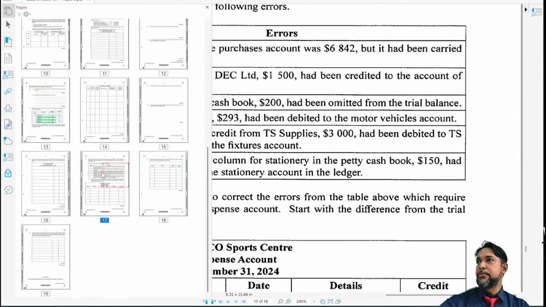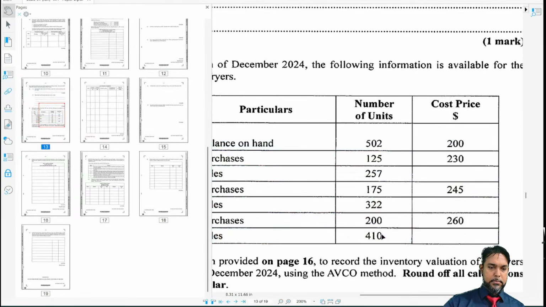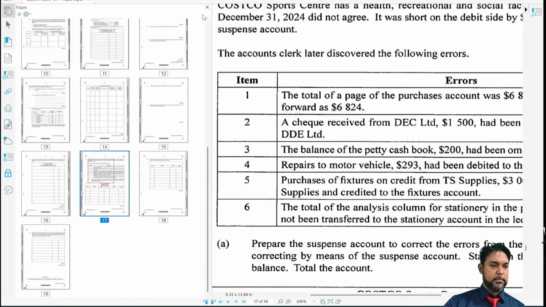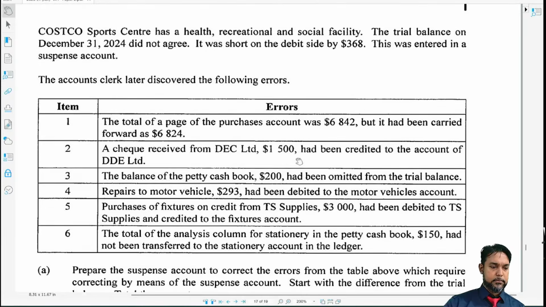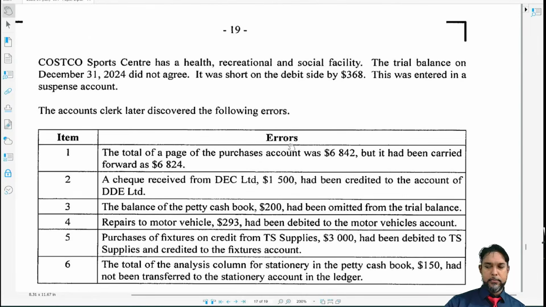Remember I was telling you guys when we did Jan 2024, there was an error where something was omitted from the trial balance, and they wanted a journal entry. Right, so this is what we're doing.